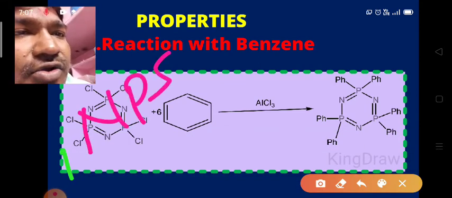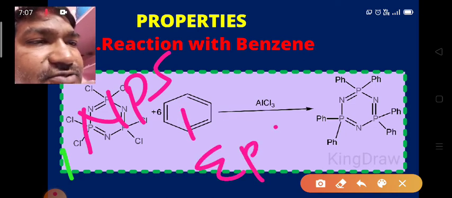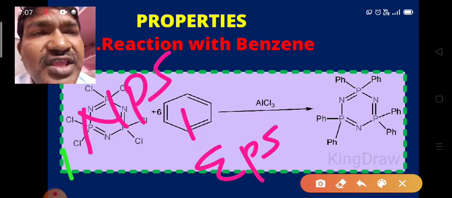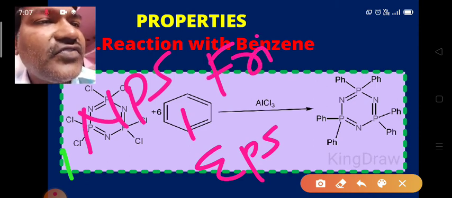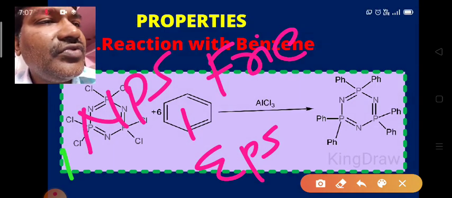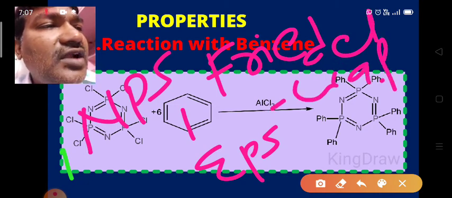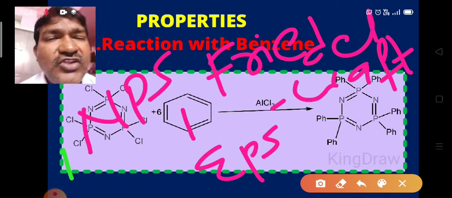The electrophilic substitution of benzene is known as the Friedel-Crafts reaction, Friedel-Crafts alkylation. And we know very well that Friedel-Crafts reactions take place in the presence of Lewis acids.